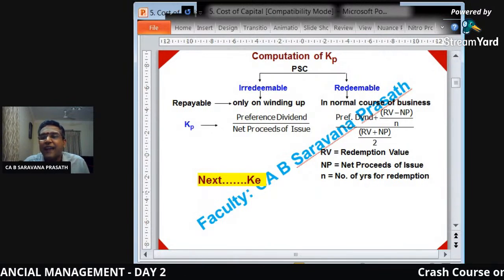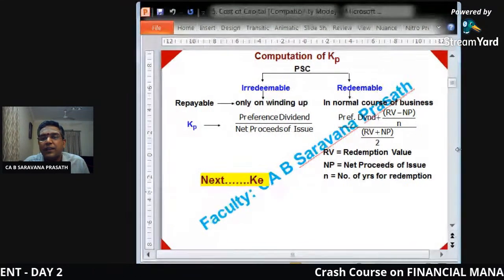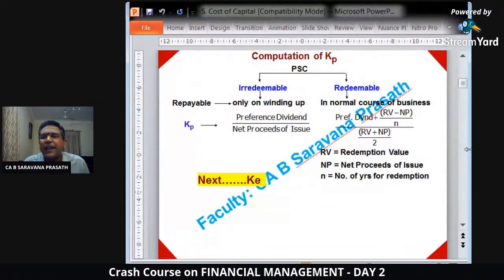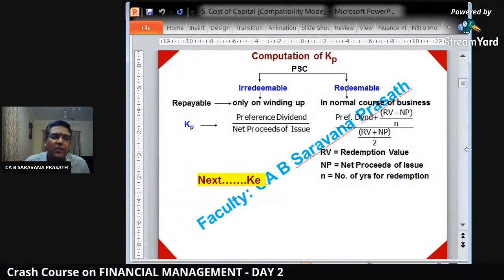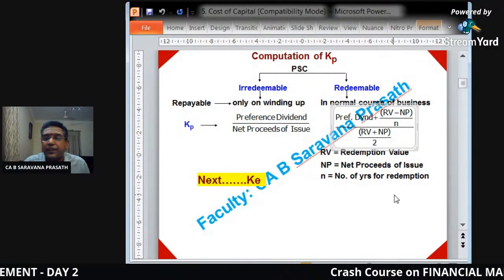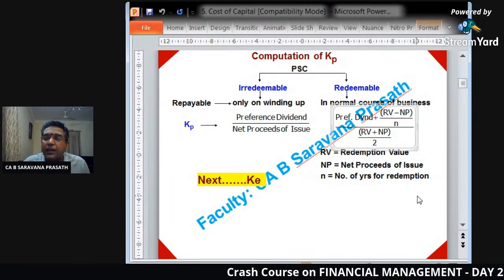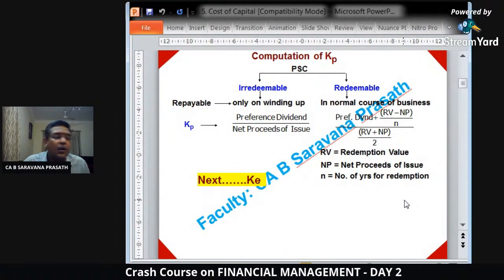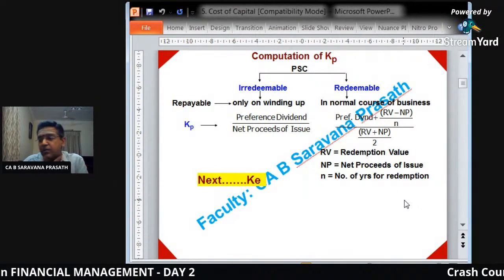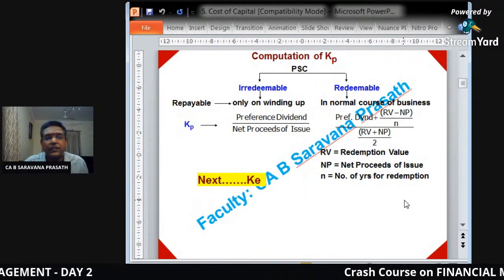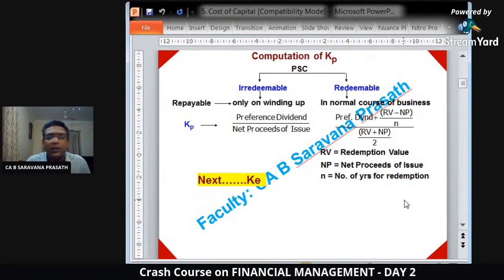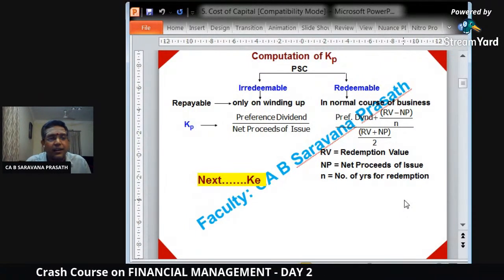Now, a query has been raised here: why do we take the average of the two numbers RV and NP in the denominator? Well, the idea is very simple. For both redeemable debt as well as redeemable preference share capital, the denominator represents average liability, opening plus closing divided by 2. At the beginning of the period, in your funds statement, the obligation is what we have collected, the net proceeds.